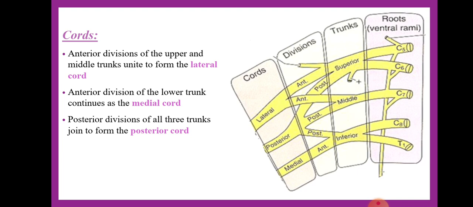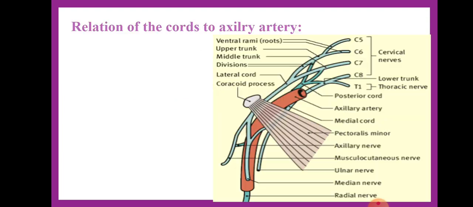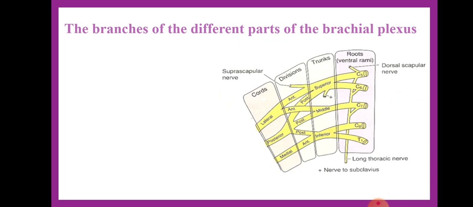Okay, the branches originate mainly from the cords of the brachial plexus. From the roots of the brachial plexus originate two nerves, which include the dorsal scapular nerve and long thoracic nerve.